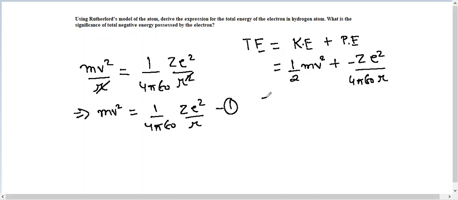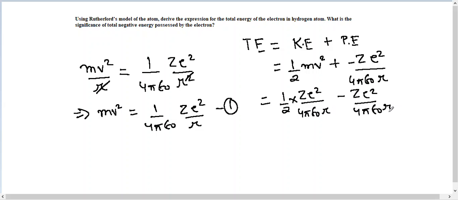Okay, so from equation 1 we can take the value of mv square, so we can write it as half into Z E square upon 4 pi epsilon naught r, and here it was minus Z E square upon 4 pi epsilon naught r.